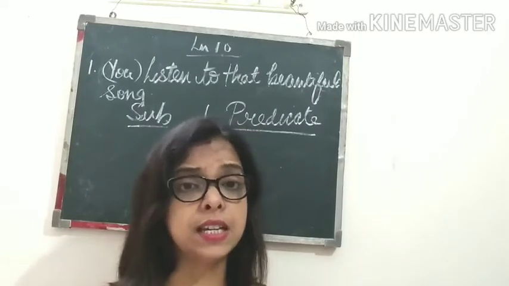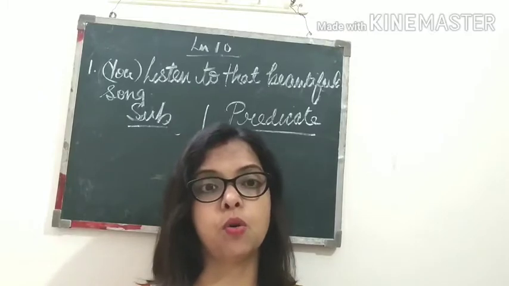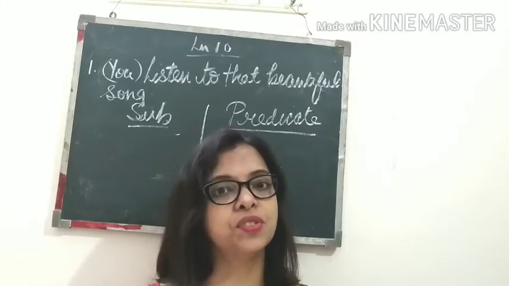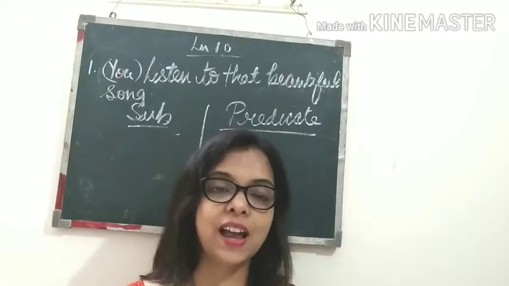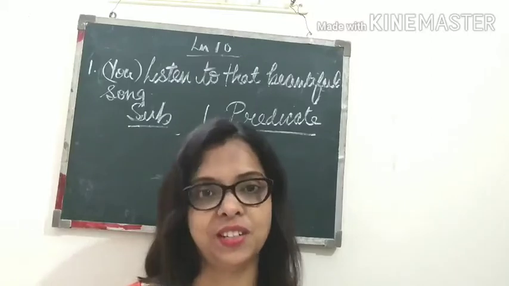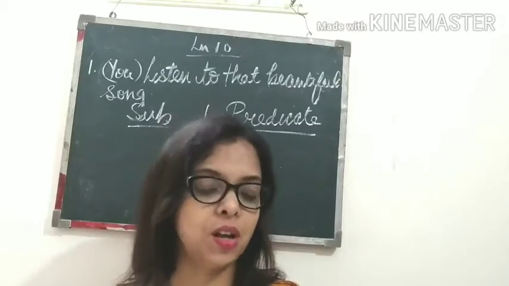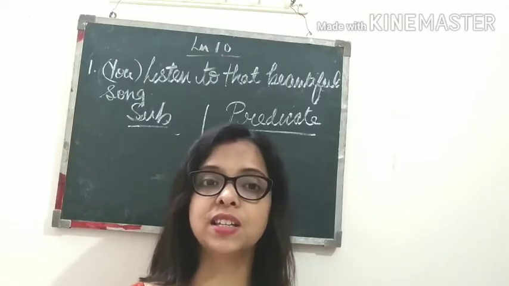Listen to that beautiful song. Now children, the first sentence is an imperative sentence. Who will listen to that beautiful song? You will listen to that beautiful song, isn't it? As I told you earlier, sometimes the subject is not mentioned but it is understood. So what is the subject here?